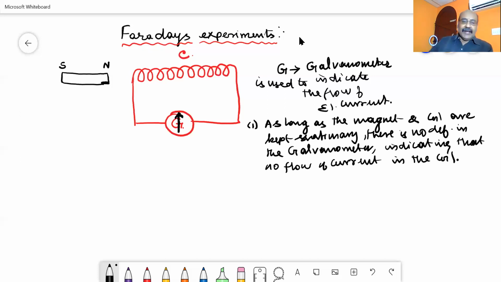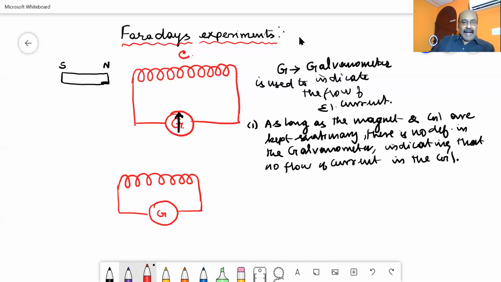Now again I am taking this coil of wire whose ends are connected to the galvanometer. The magnet is placed nearer to the coil in such a way that the north pole of the magnet is nearer to the coil C, and the south pole of the magnet is far away.